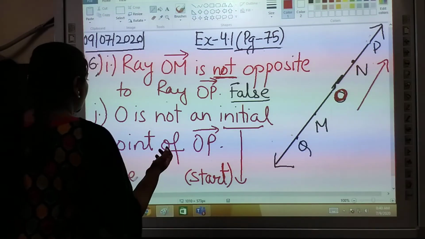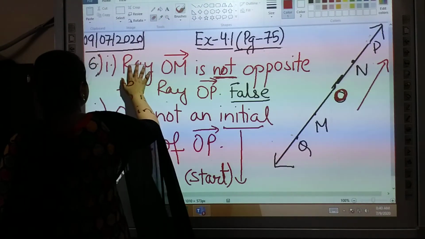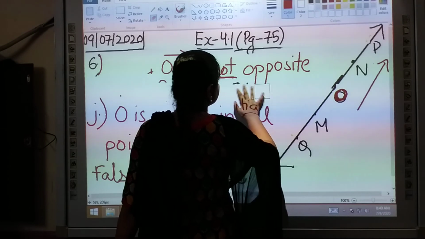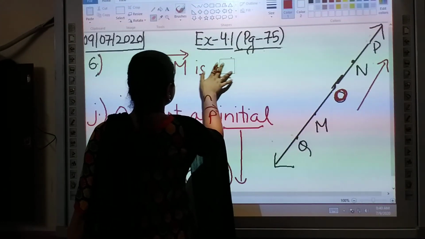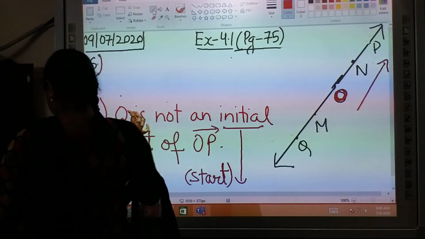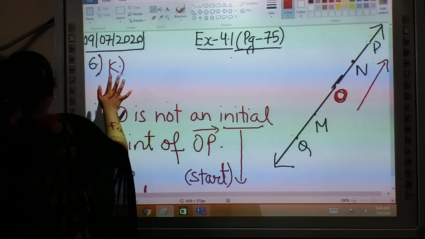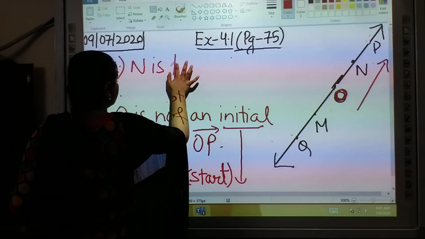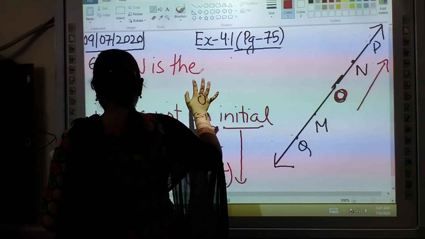Okay. Now moving on to the last part of the question. The part is K. N is the initial point of ray NP and NM.